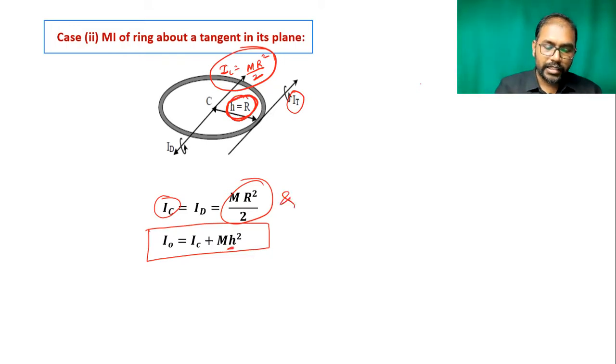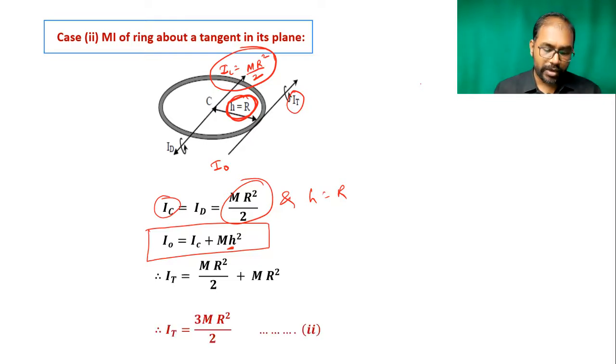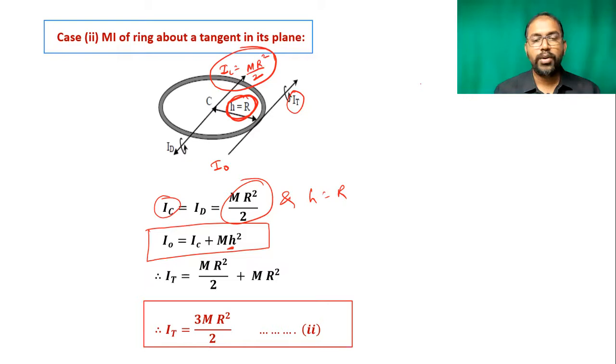After substituting this, we get the moment of inertia about the tangent, which is equal to M R square by 2 plus M R square. So it comes to 3 by 2 M R square. And this is the moment of inertia of the ring about a tangent in its plane.